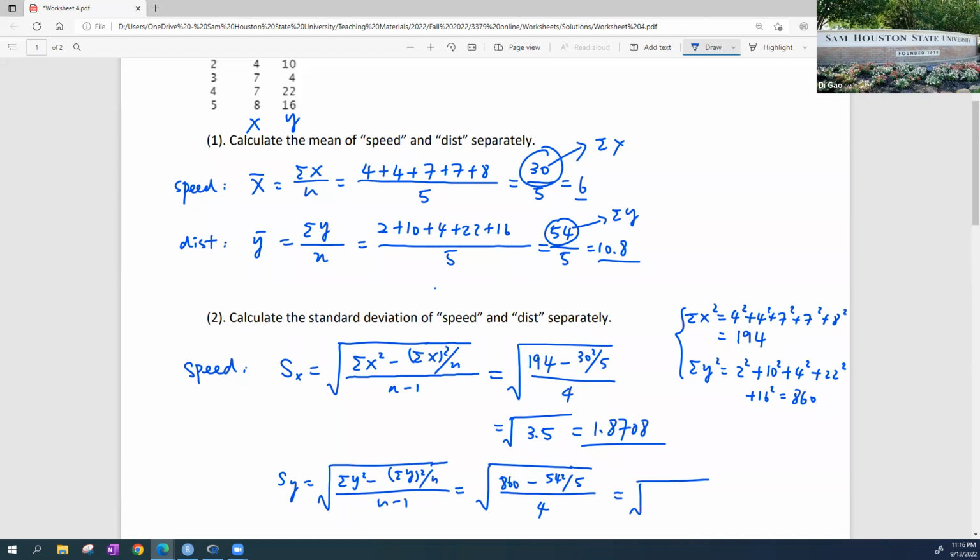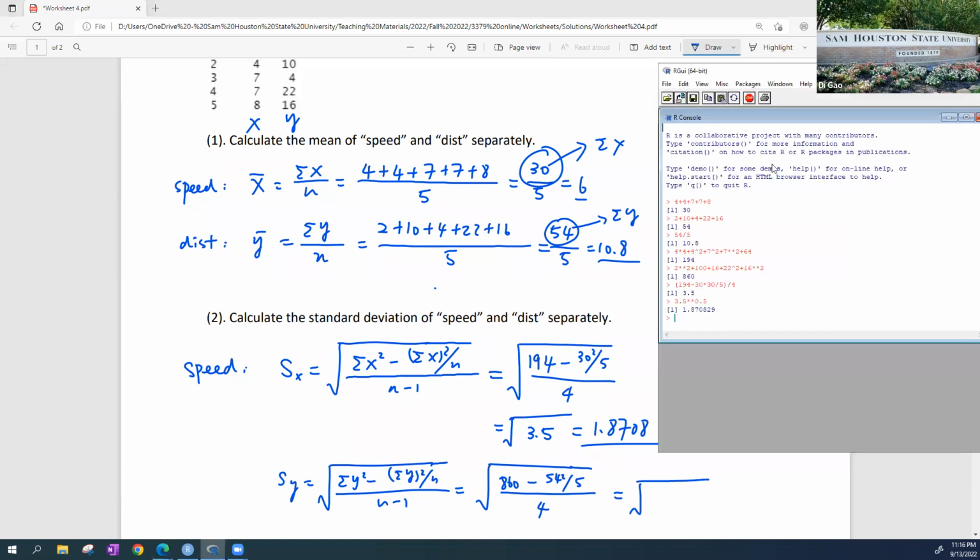Again, first we calculate the variance: 860 minus 54 squared over 5, and then the whole thing divided by 4.